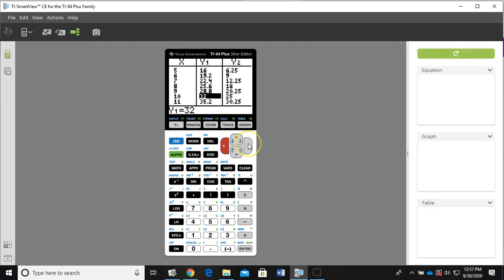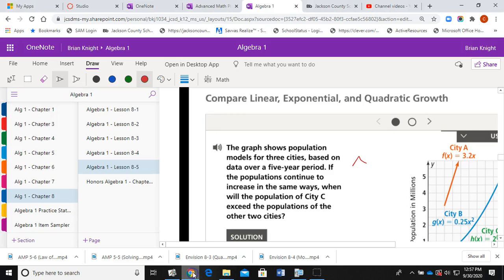So after year 10, City C is going to have more people than everybody else. And that's all you do. You just use your table and your graph to see that. The whole thing's in your calculator. Ain't that great? No work to show. Amazing. Easy peasy.